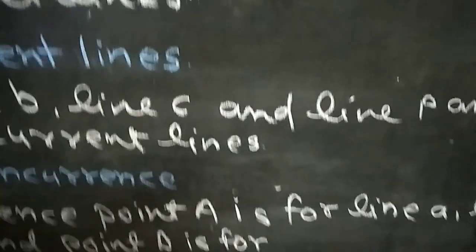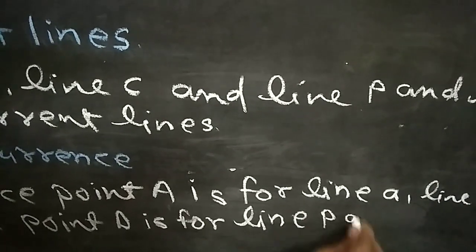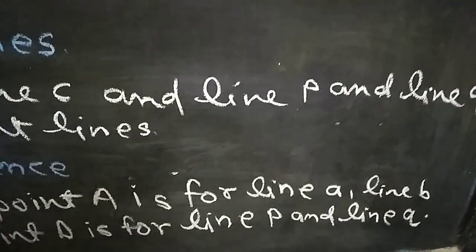The concurrence point D is for line P and line Q.